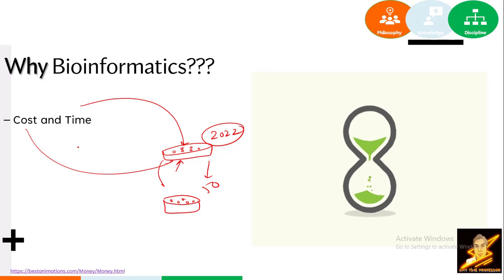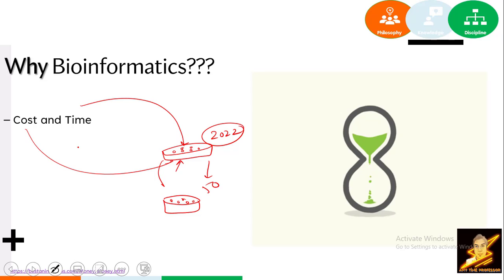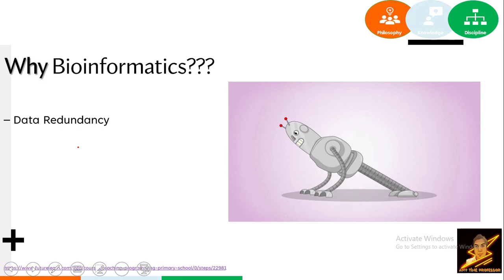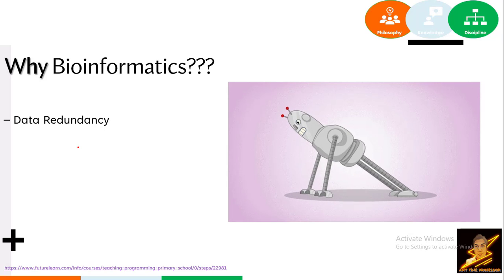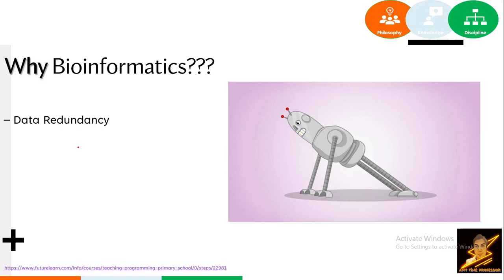The first problem was related to data, lots of data was coming. The second is related to cost and time, lots of money as well as time was needed for performing the same experiment again and again. And again means data redundancy. For example, I am doing a certain thing in India, and some other person is doing the same thing in the USA, or Canada, or the UK.